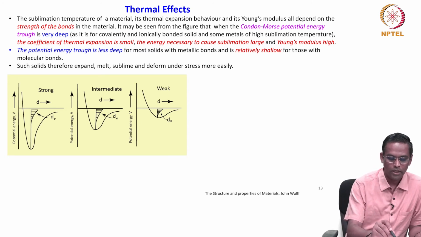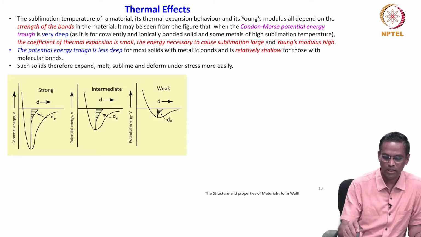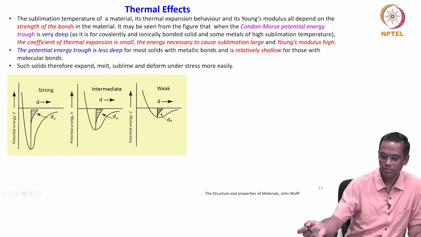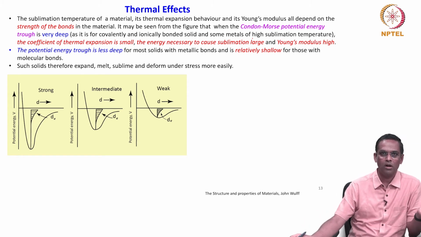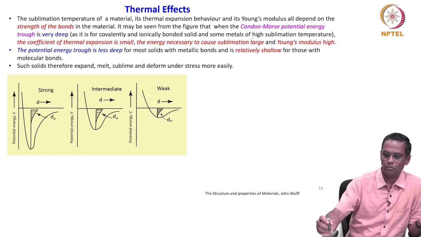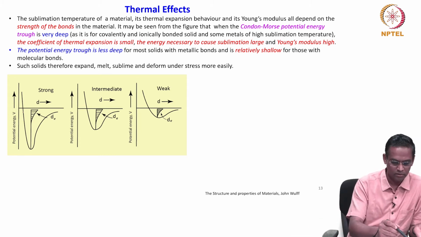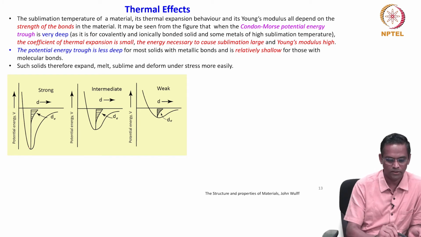Then what it means is, it is as it is for covalently and ionically bonded solids and some metals of high sublimation temperature. So, materials with stronger bonds, ionic, covalent or high melting point materials, their Condon-Morse curve will have a very deep trough like this.